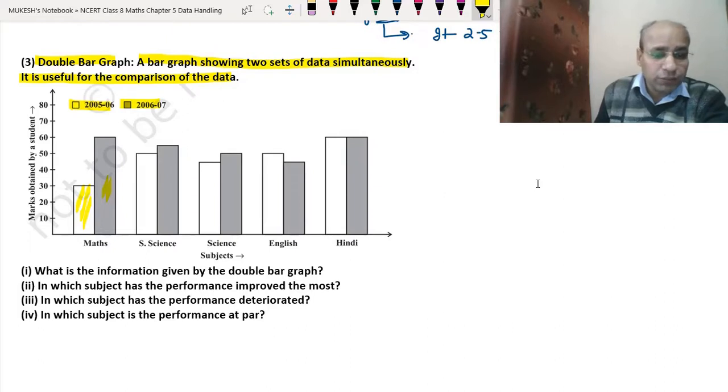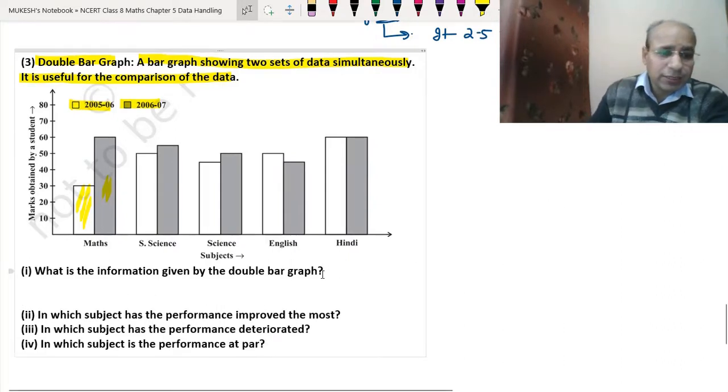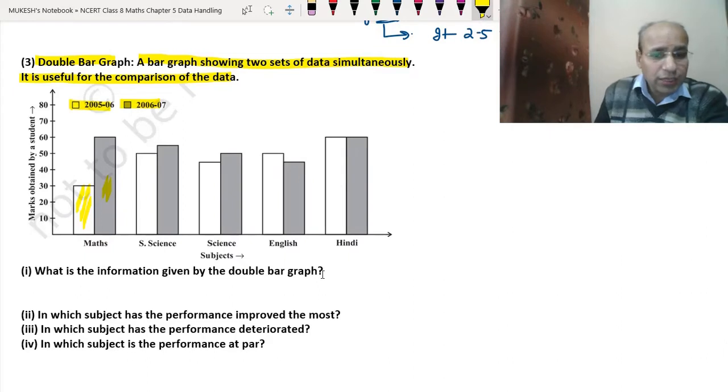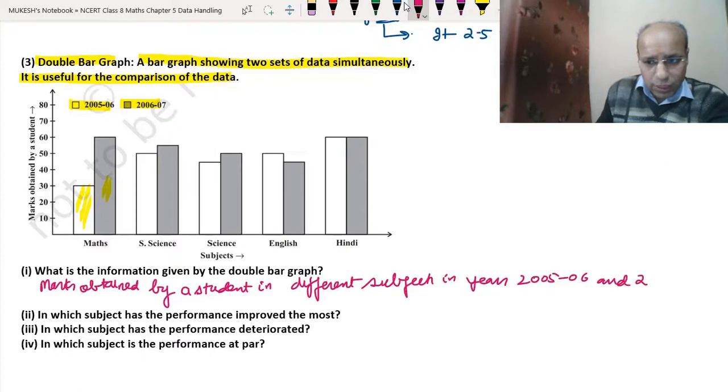Okay. So first we need to find what information is given by the double bar graph. The double bar graph gives the information about the marks obtained by a student in different subjects in the years 2005-6 and 2006-7.